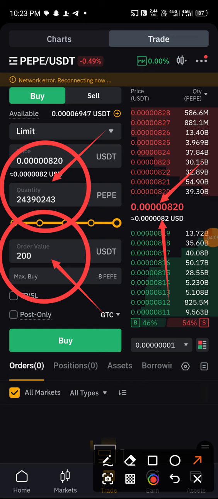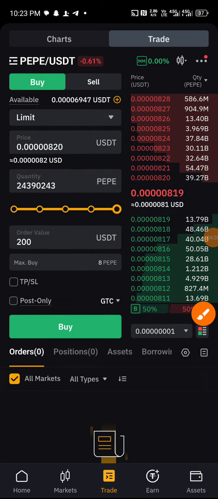Okay, so if you have this figure with your 200 USDT only, and PEPE coin chooses to repeat history, how much will you gain? And don't forget, what was the history? The history was 0.00, that is 4 zeros, 2836.